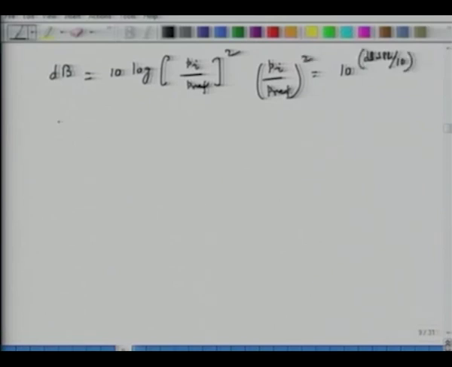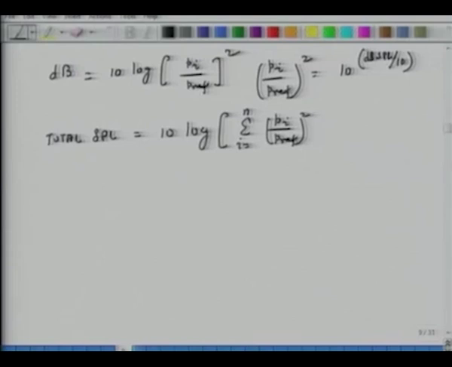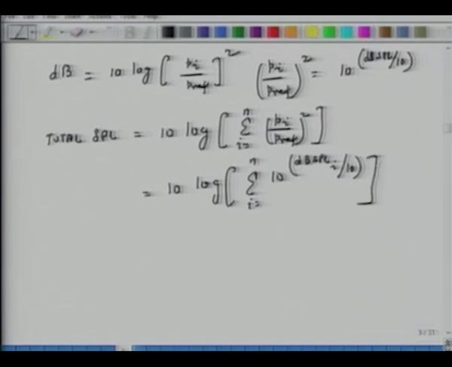So if I have a bunch of decibel sources, then the total SPL I can write is 10 log of the summation of P_i over P_ref squared, which equals 10 log of the summation of 10 to the power of SPL_i over 10. So this is fairly straightforward, right?